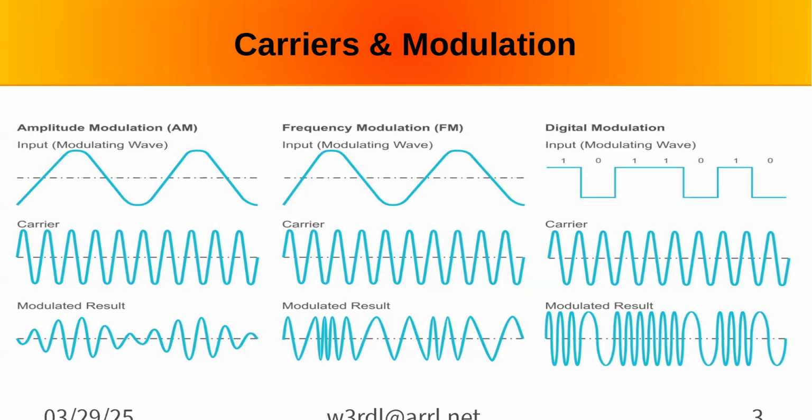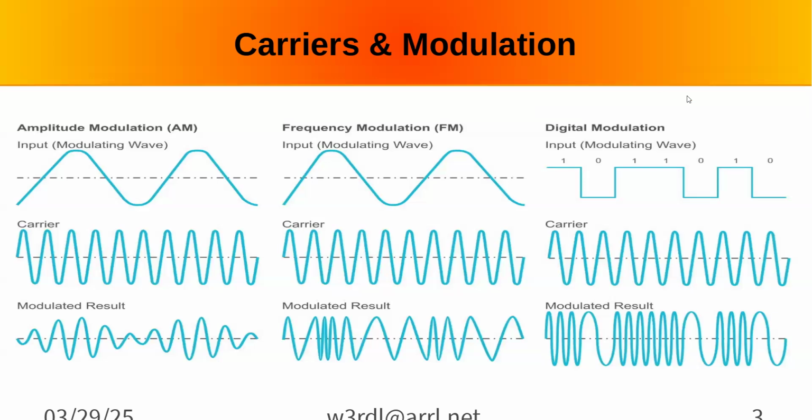If you're doing frequency modulation, you're wanting to change the frequency of the carrier relative to the amplitude of the baseband signal. And also, you're actually changing the rate of the frequency change relative to the frequency of the modulating signal.